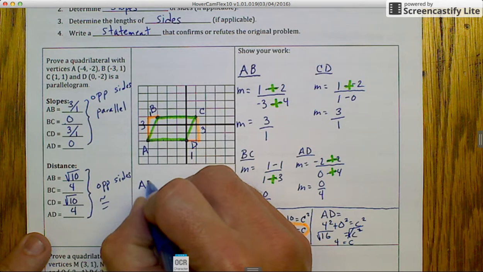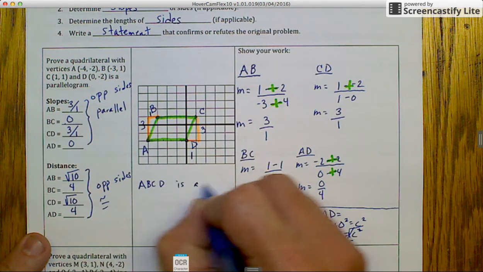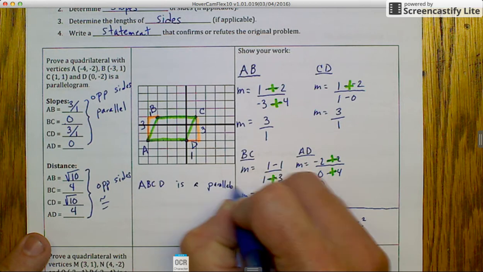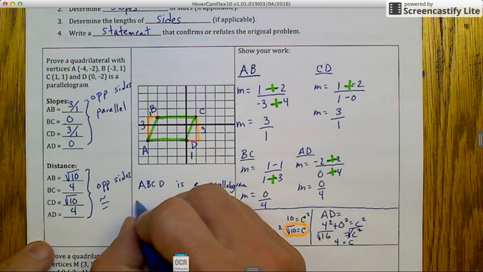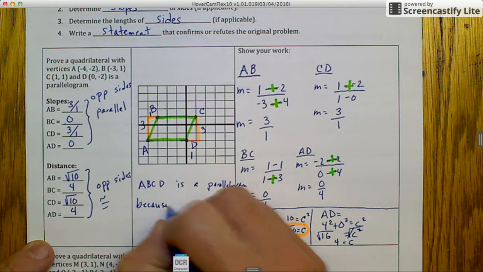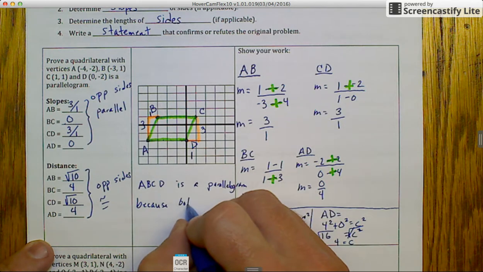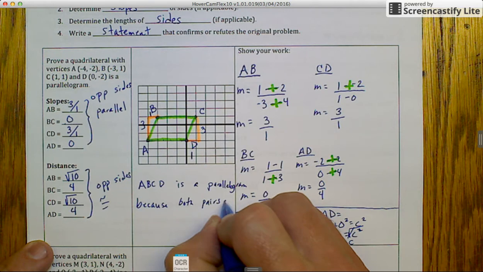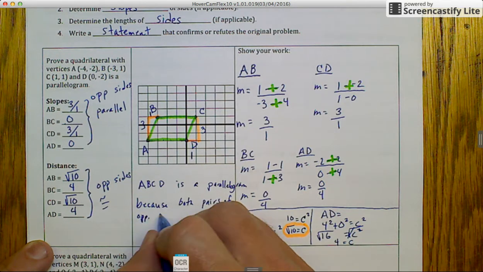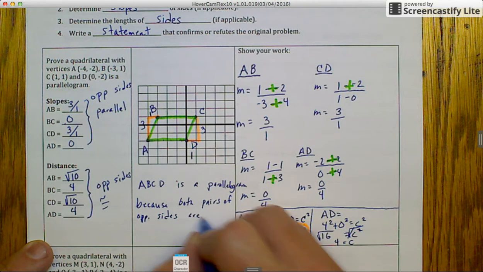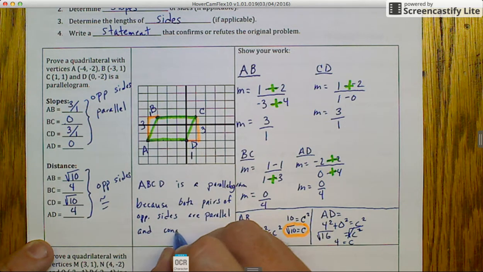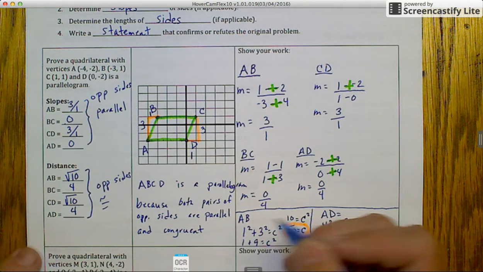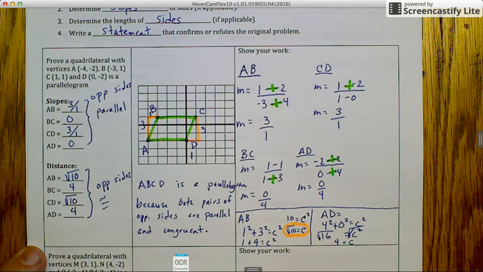So you'd go, ABCD is a parallelogram because both pairs of opposite sides are parallel and congruent. Period. Okay?